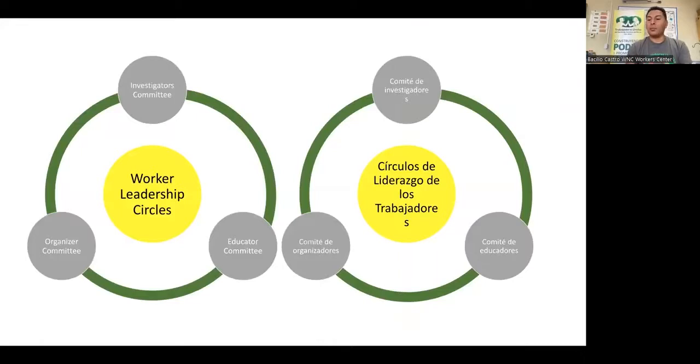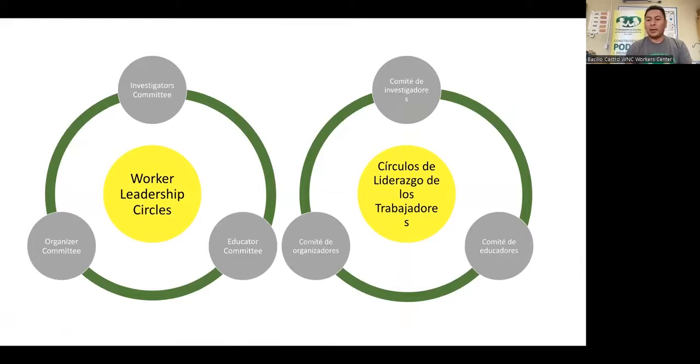Those three committees are led by those same workers, beginning with the investigation committee, leaders who investigate the problems that exist in the workplace. Then there is the educator committee. They educate their colleagues about health and safety, and how we can approach the most important issues we see in the workplace.